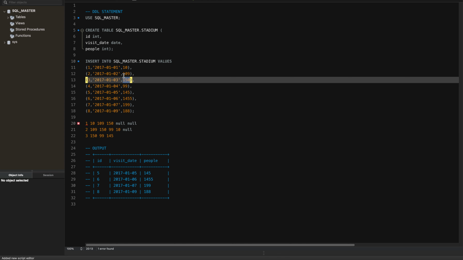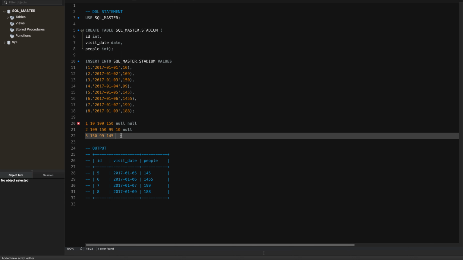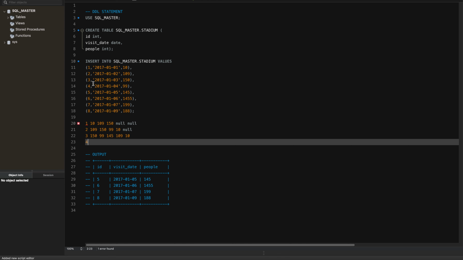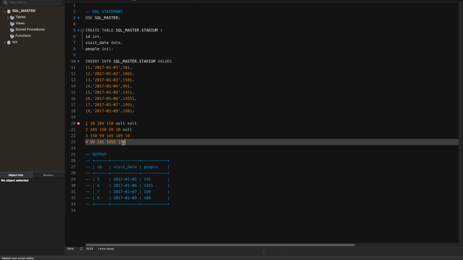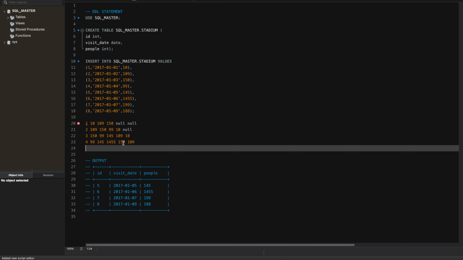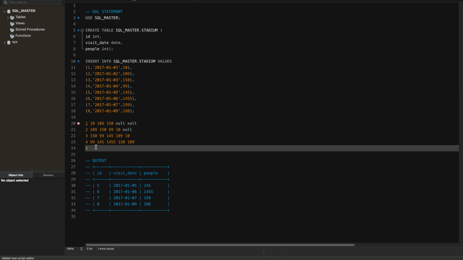So for 150, previous day it's 109 and previous to previous is 10. If you consider row number 4, current date it's 99, next day it's 145 and next to next is 1455. And similarly for 99, previous is 150 and 109.